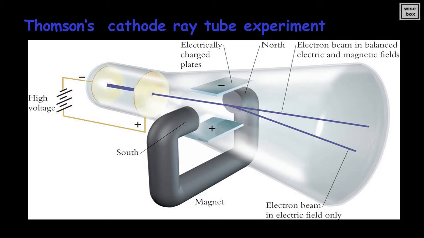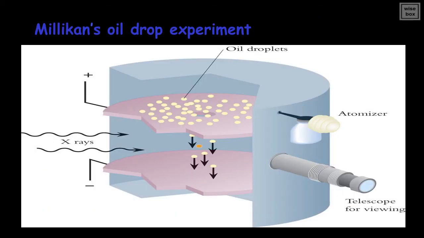Thomson's cathode ray tube experiment determined the existence of electrons. Millikan's oil drop experiment determined the charge of electrons.